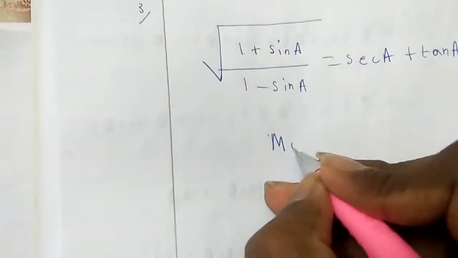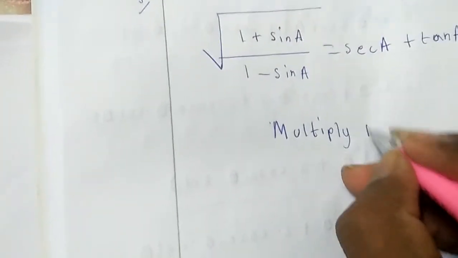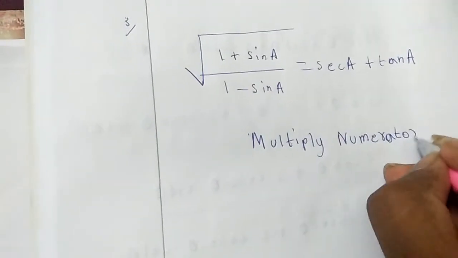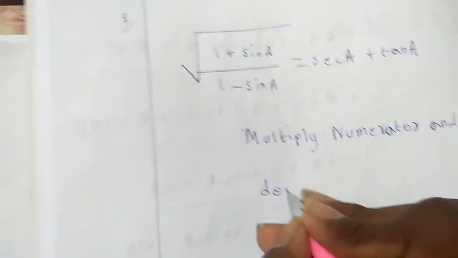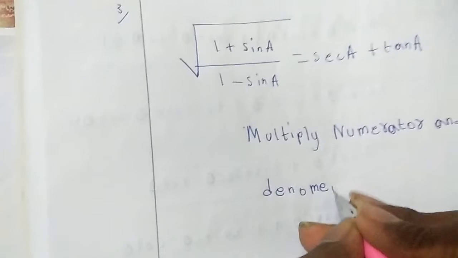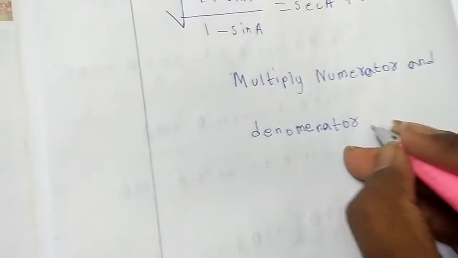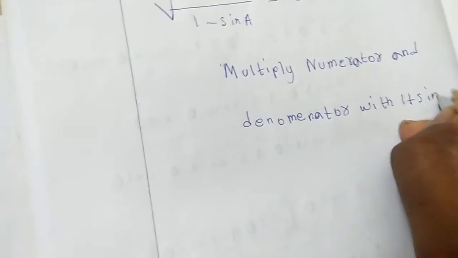Multiply numerator and the denominator with 1 plus sin a.